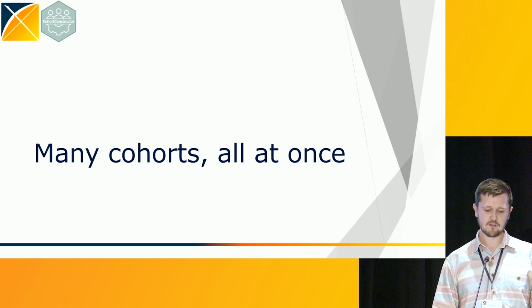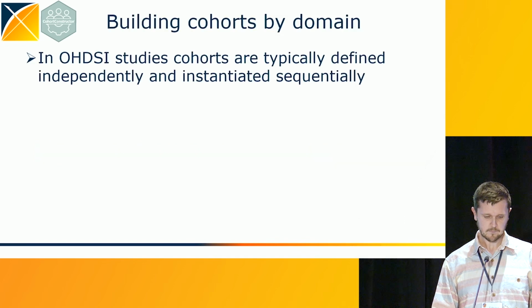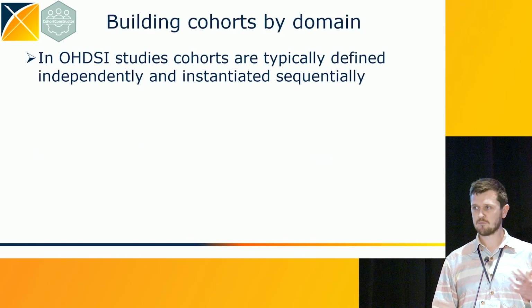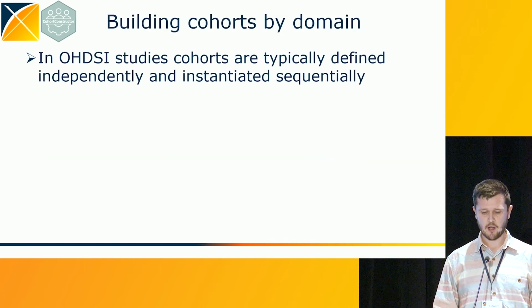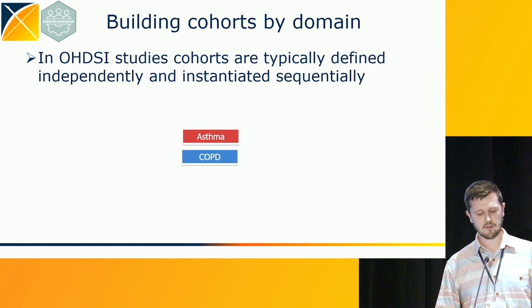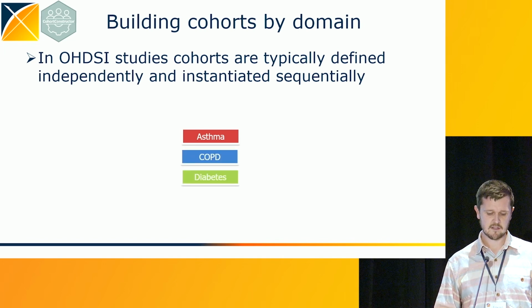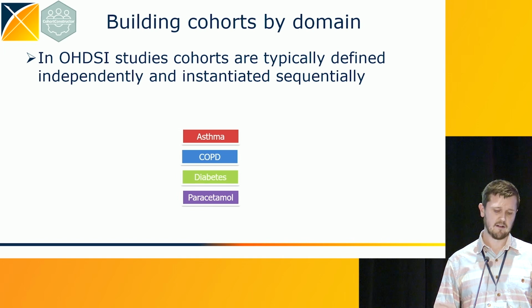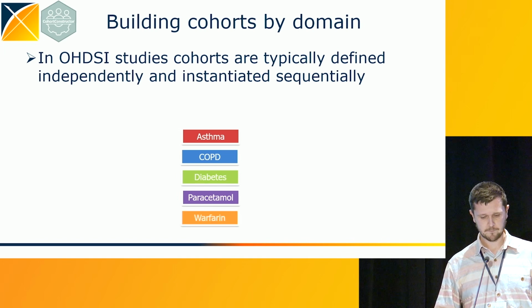So first, I'm just going to talk about how it can help make many cohorts at the same time. In the typical approach to making cohorts, we define them independently and instantiate them sequentially. So we might have a cohort of asthma, and then another cohort of COPD that we then create, one for diabetes, one for paracetamol, one for warfarin.